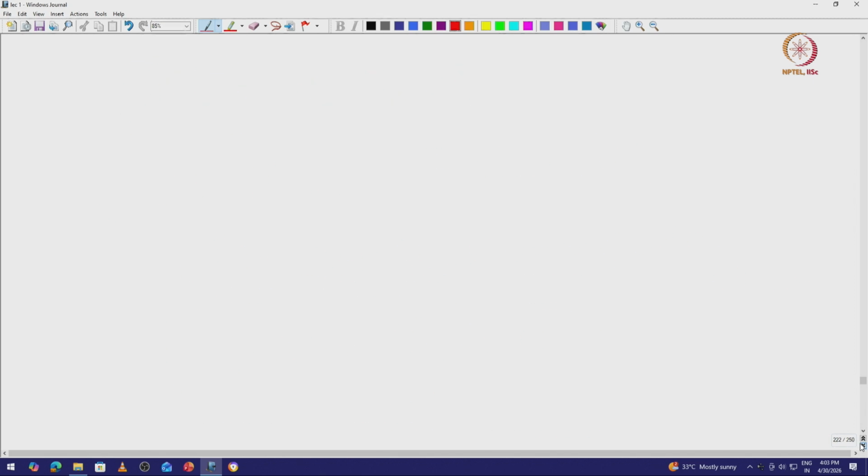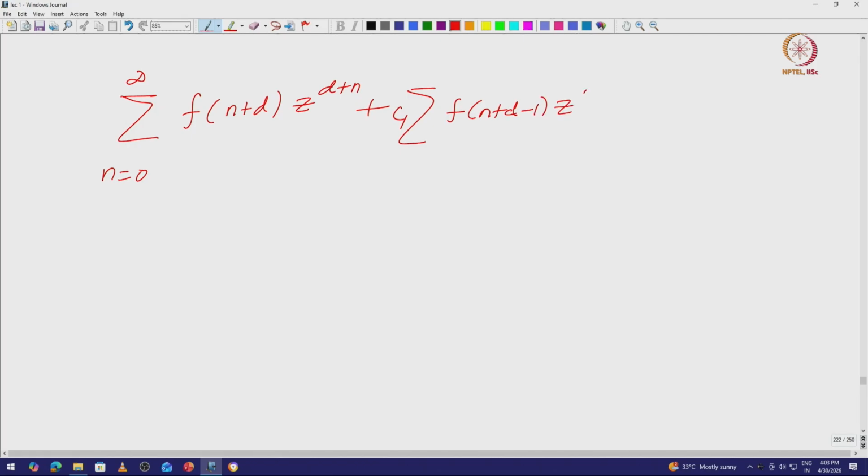Then we get summation n from 0 to infinity f of n plus d z power d plus n, plus summation C 1 will come out, f of n plus d minus 1 z power n plus d, again n varying from 0 to infinity, plus etcetera, plus summation C d will come out, f of n, n varying from 0 to infinity, z power n plus d, equal to 0.